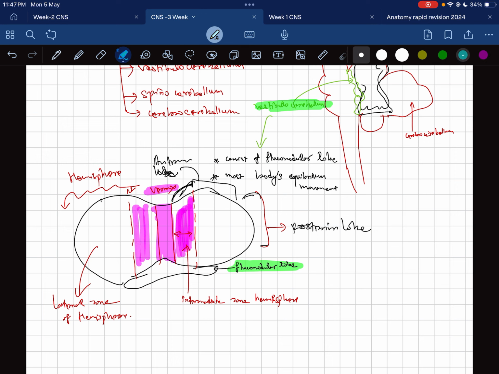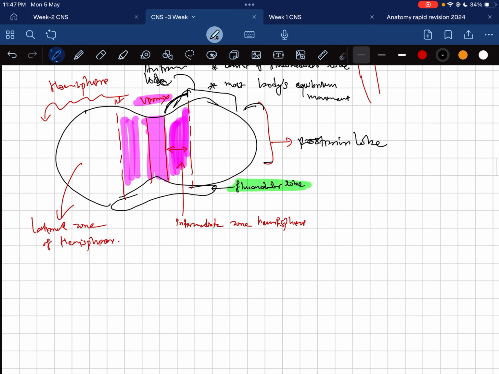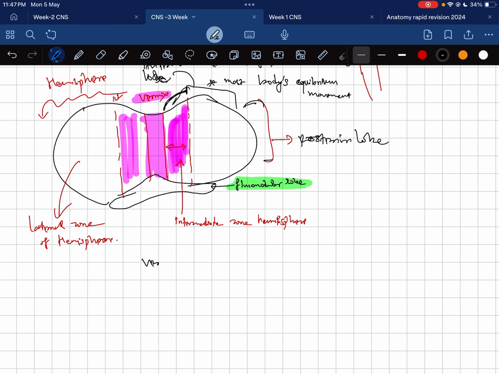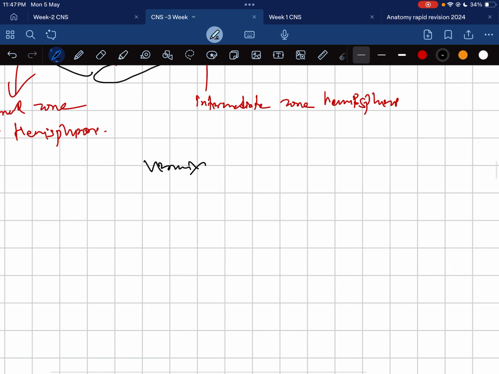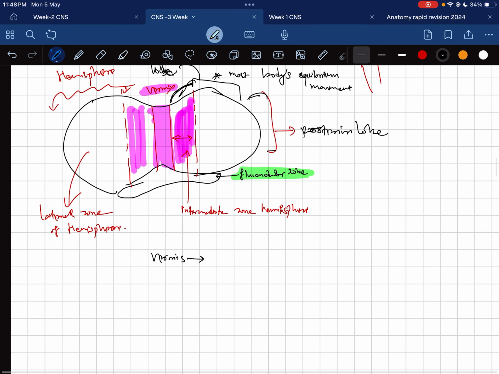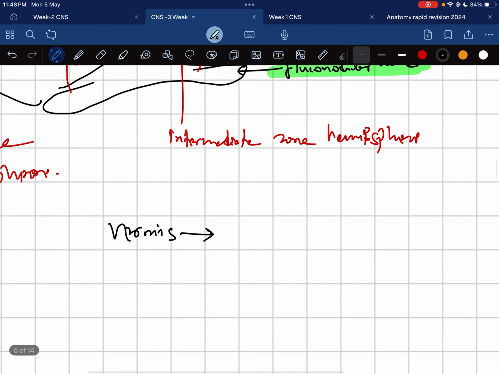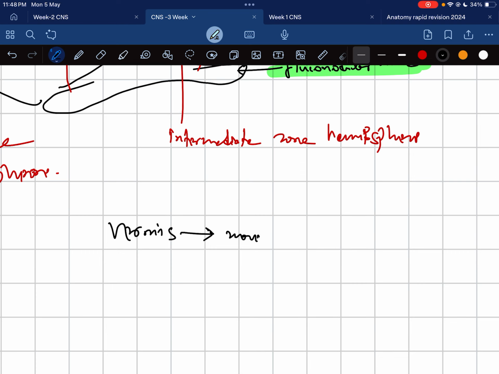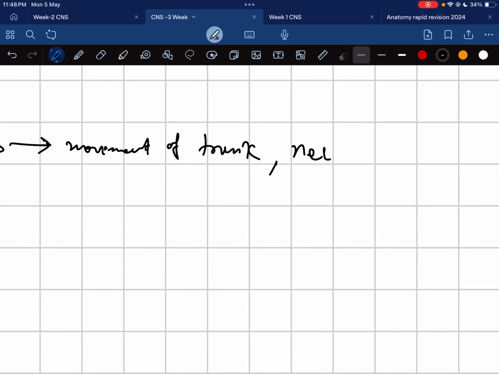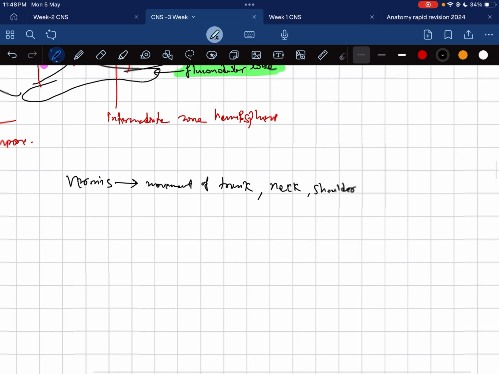Then regarding the vermis, it is concerned with the movement of our trunk, neck, shoulder and hip.